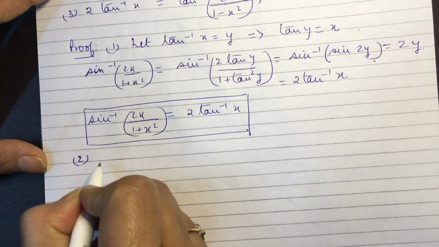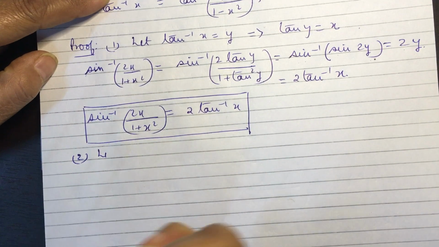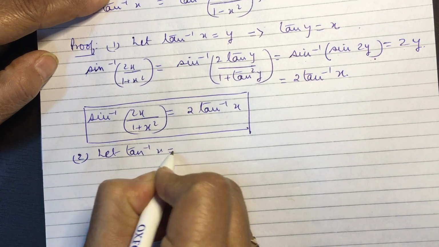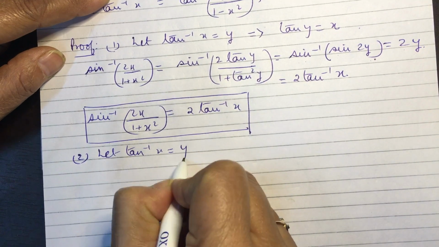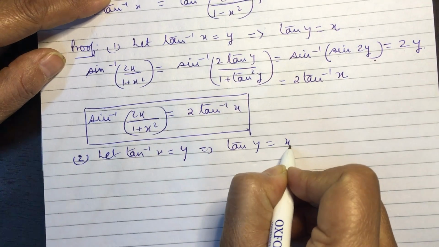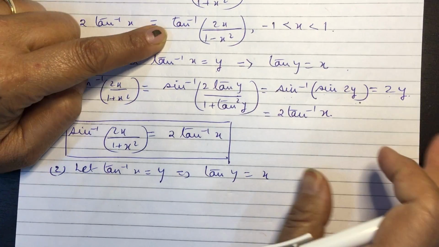Likewise, the second result also we do the same way. Let tan inverse x equal to y. This gives us tan y equal to x, substituting in the right hand side.